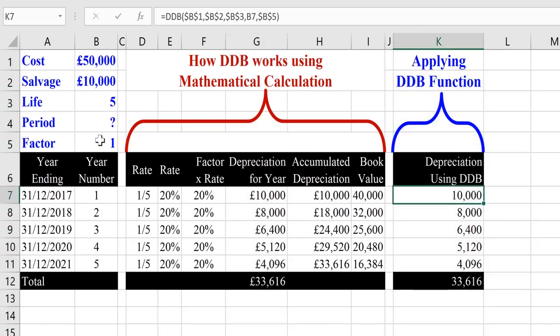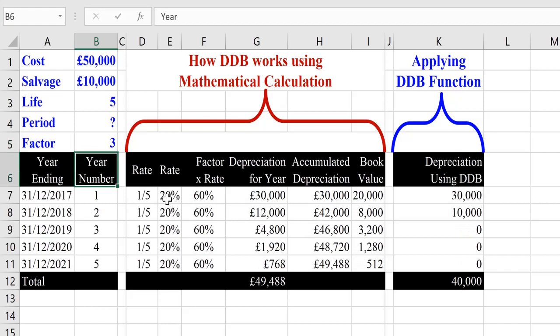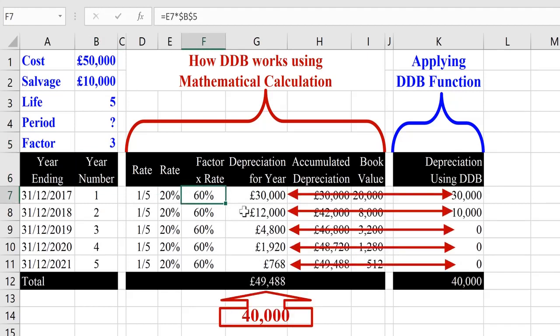We can even get the multiple for times 3. So times 3 means 20 times 3, 60%. For 60%, this is 49,000, which cannot go beyond 40,000. So we need to deduct this one and then this one. Again, it is more than 40,000, so we need to deduct this one as well, and this one as well.